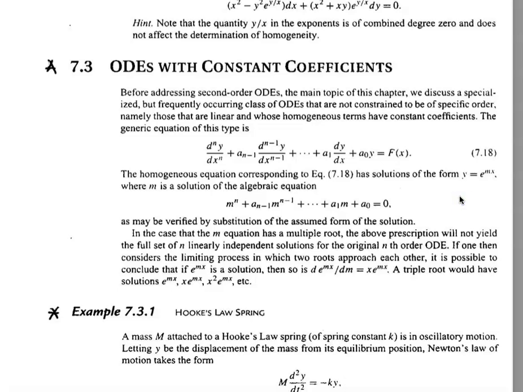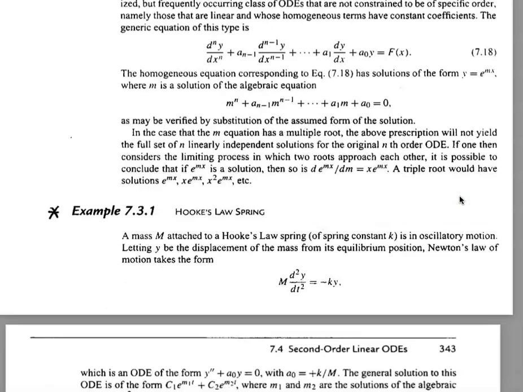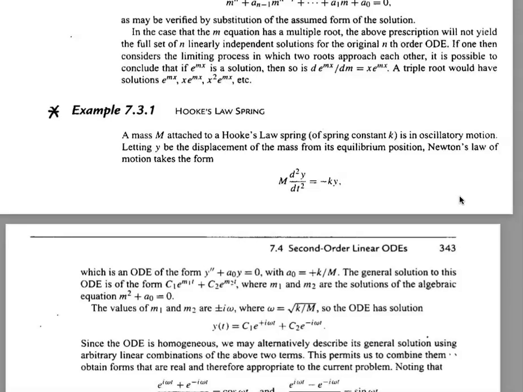Okay, let's go on. Here's an example, which is a standard problem that you always get in basic physics. It is the simple harmonic oscillator, or Hooke's law with a spring. M is the mass of the oscillator. It is a second order differential equation.